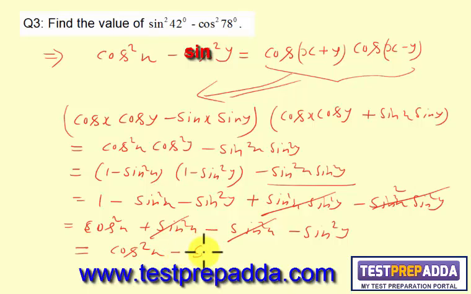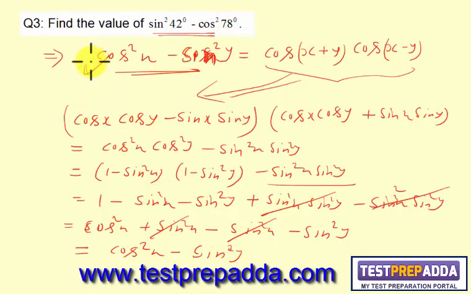Cos square x minus cos square x minus sin square y. Actually, by mistake I have written here cos square y. It is sin square y. You can relate this with, here it is opposite, sin square x minus cos square y.